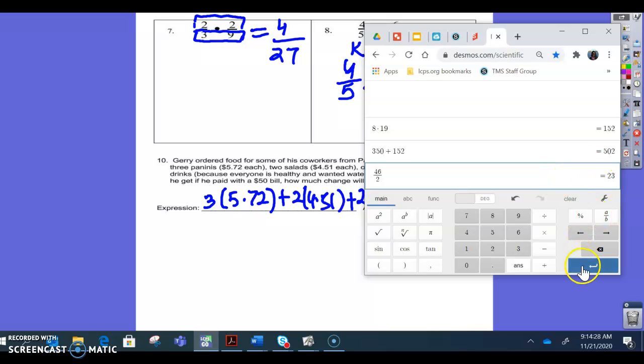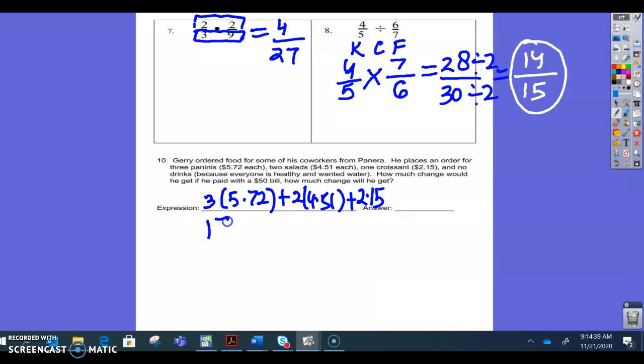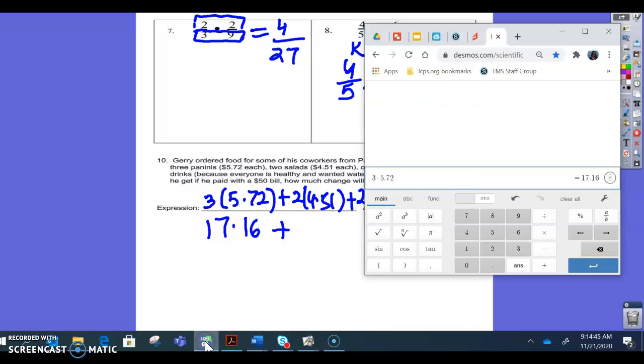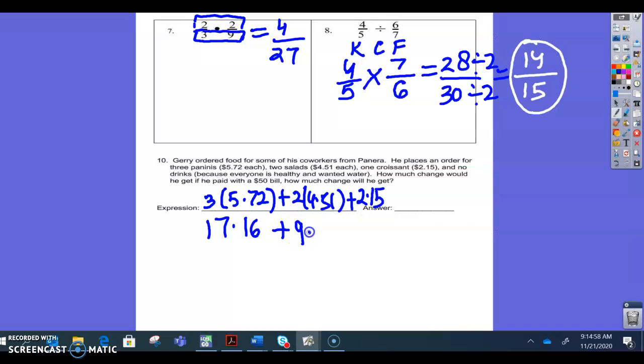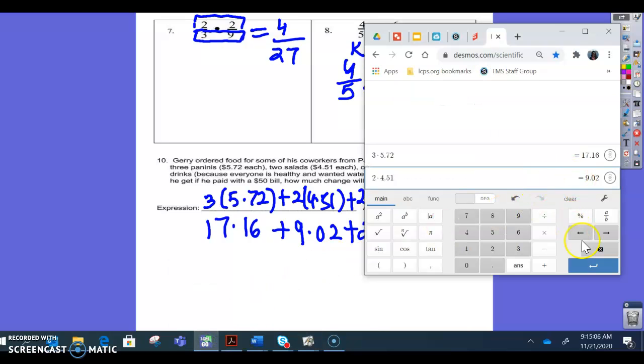I'm going to clear all of these and do 3 times 5.72, which is 17.16. Now I'm going to use my calculator again and do for salads. So my salad is 2 times 4.51, and that is 9.02, plus 2.15.